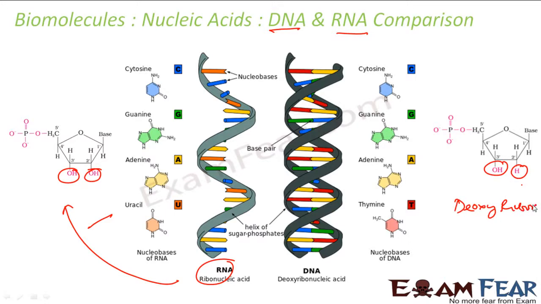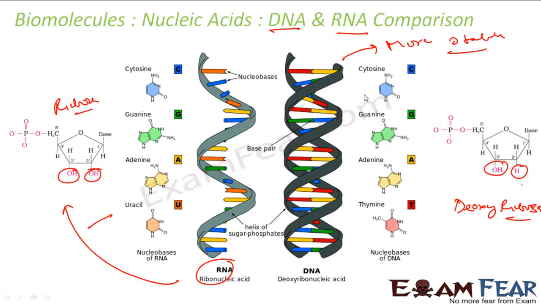The base is deoxyribose sugar, and this is the normal ribose sugar. That is one difference. DNA is double stranded, D for double, D for DNA. RNA is single stranded. DNA is more stable. Why? One thing is it is double stranded, the other thing is it does not have that much OH. Here you have more OH, single stranded, so this is less stable, right?